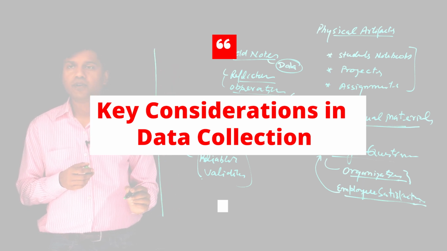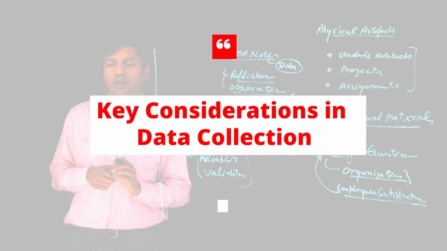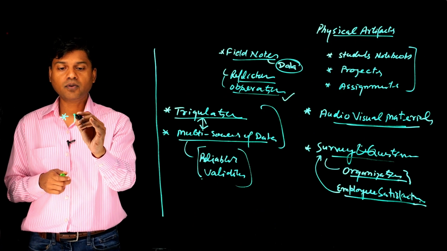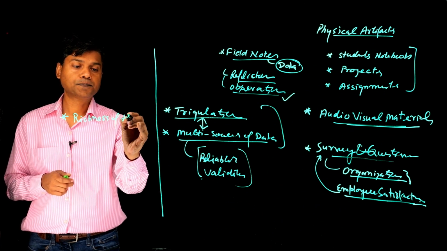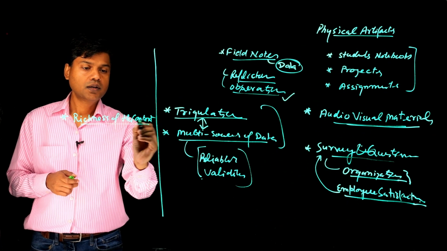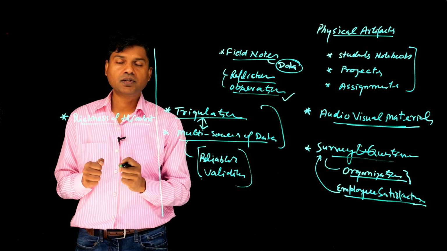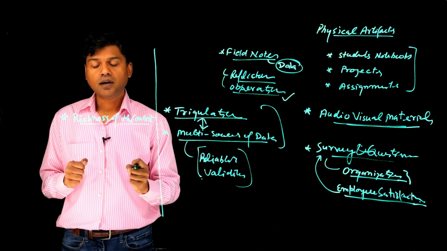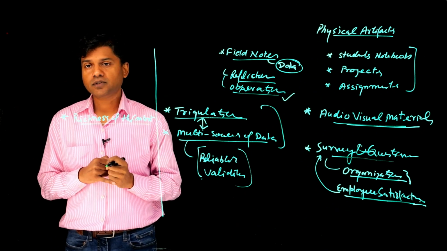Now let's talk briefly about some of the considerations you should keep in mind when you are planning your data collection approach. Number one is richness of the context. Whenever you are planning your case study, always ask yourself how you can get rich, detailed data related to your case. What might be some possible sources of data?